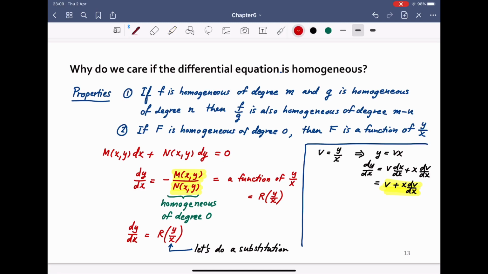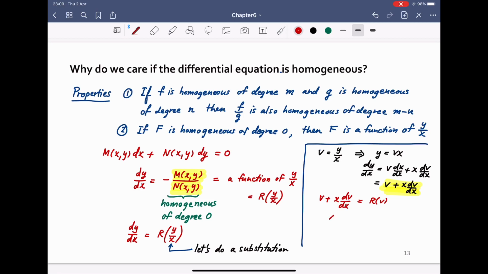So what I'm gonna get is v plus x dv by dx equal to r of v here. So I am going to simplify it.